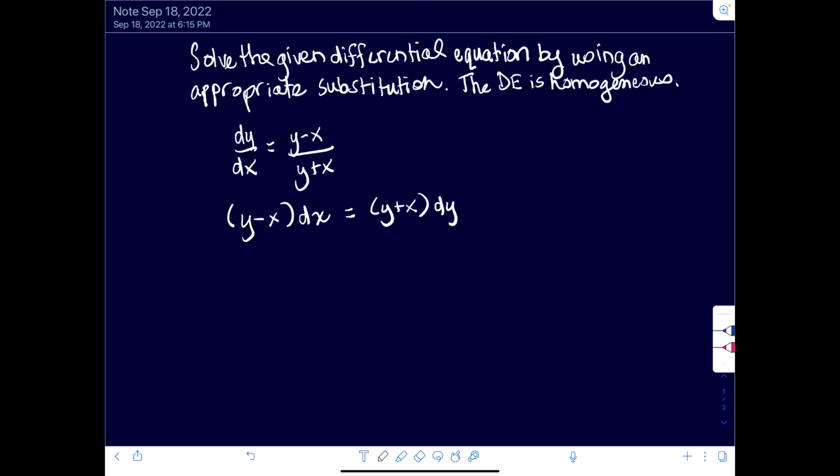Now we need to get the dy on the other side, so we'll have (y minus x) dx, and then I'm going to bring the negative inside because there's a positive in the formula for the differential form.